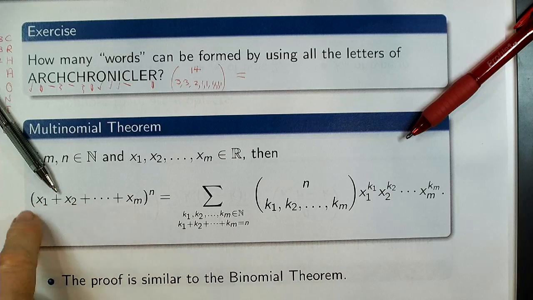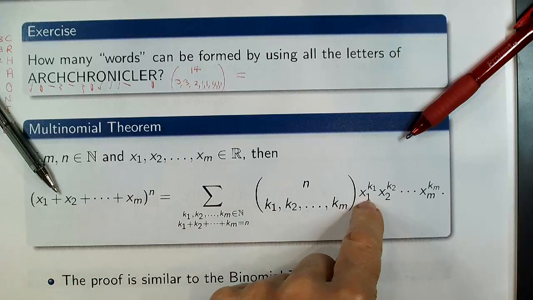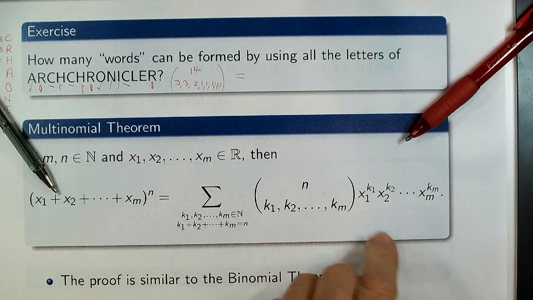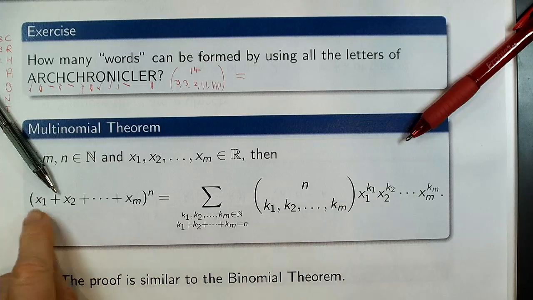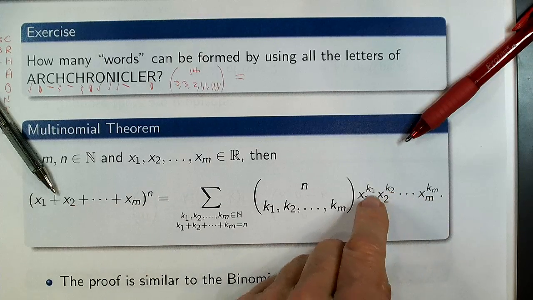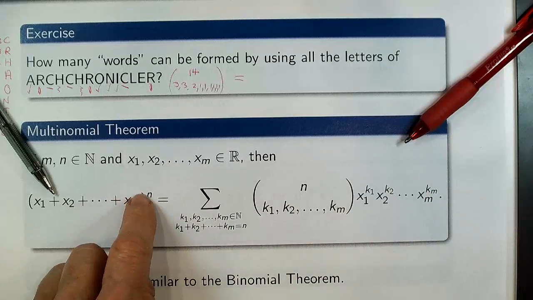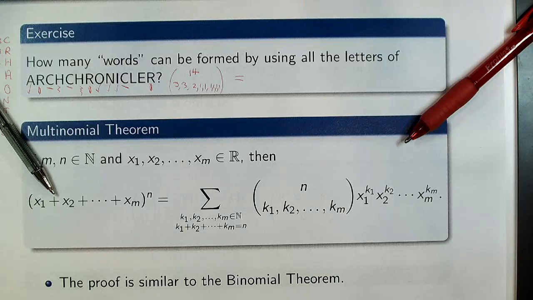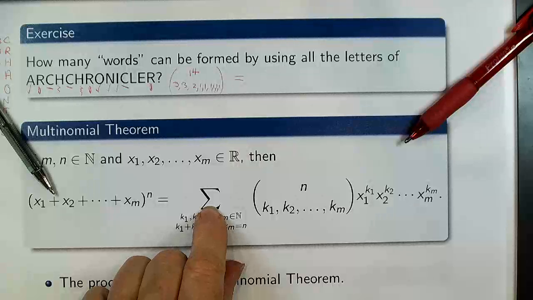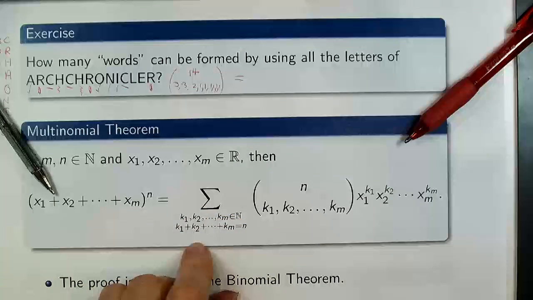Because you've got lots of different x's, you've got all sorts of possibilities here, lots and lots of possibilities. You've got your first x1 to some exponent, x2 to some exponent, and so on. And your exponents must add up to n. And you've got all possibilities. So here is a slightly different way of using the sigma sign. What we're putting under sigma is the conditions of the terms we're adding.